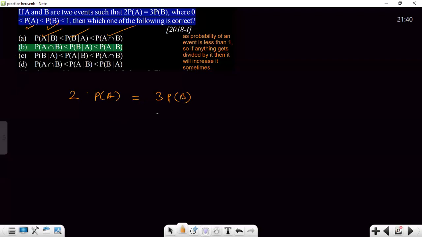So we are very sure of one thing: the probability of both events happening will be comparatively lower than any single event. That is for sure.